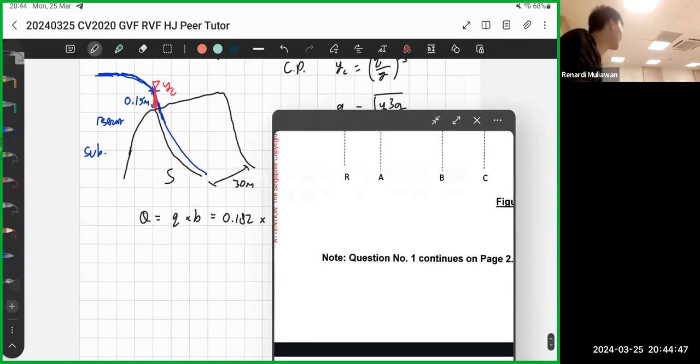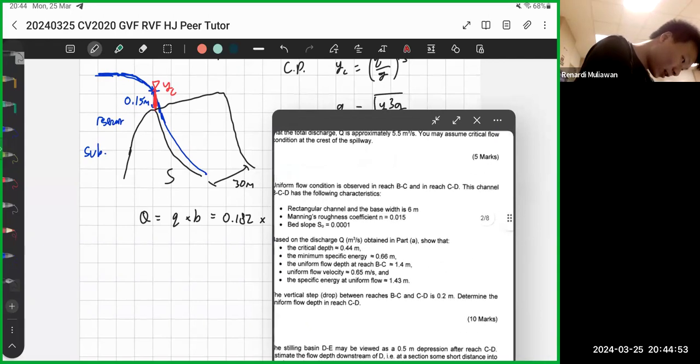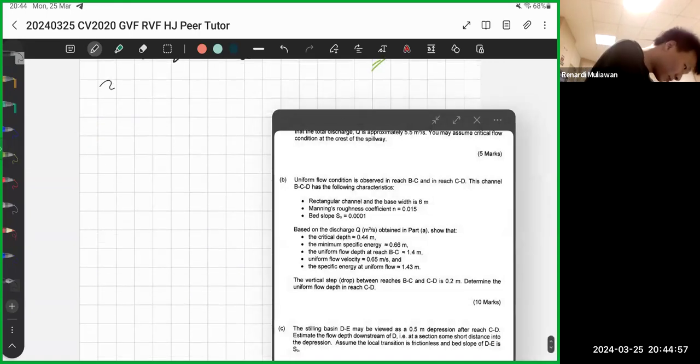This one is like a review for quiz one. Now, uniform flow condition is observed in the reach BC and reach CD.